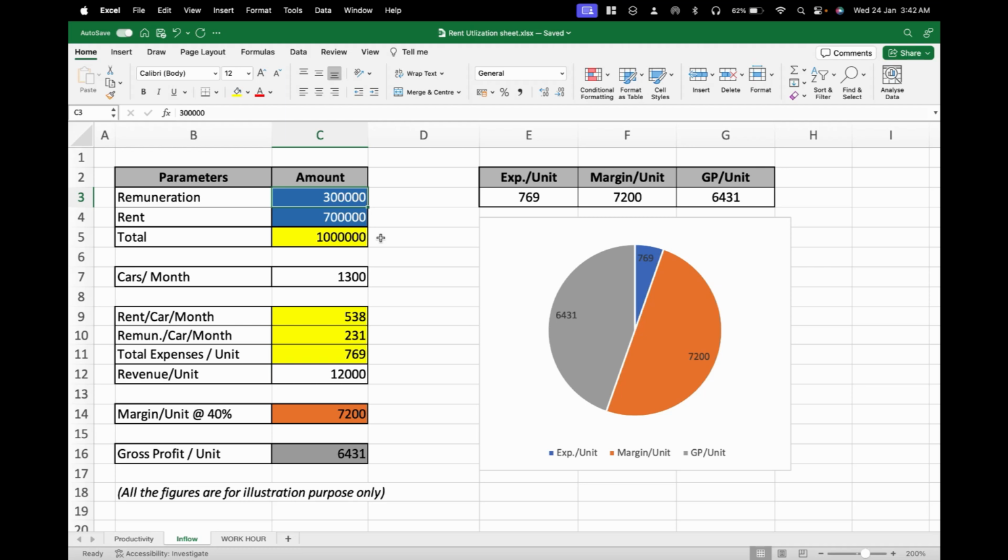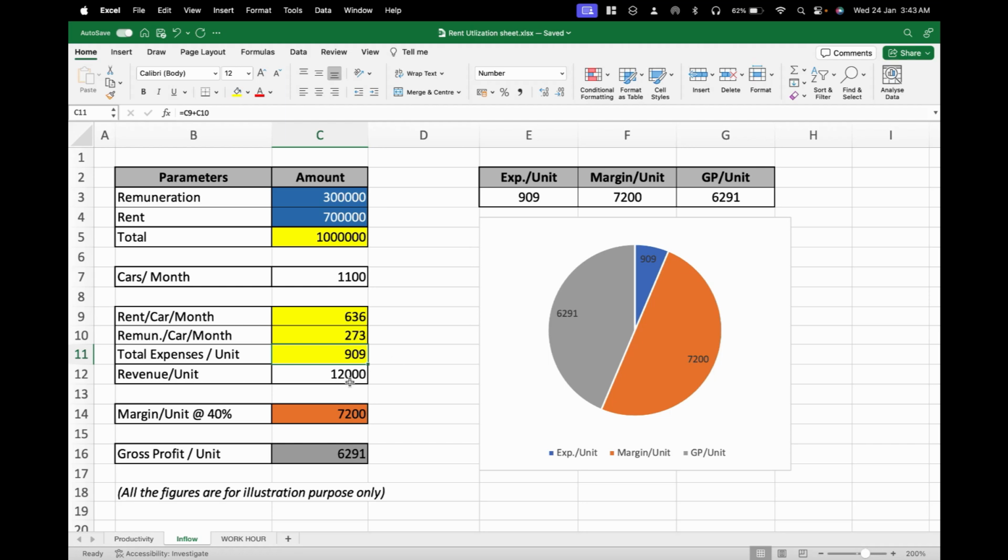Here we are not considering other expenses, as remuneration and rent are the highest share in expenses. If you take 1000 or 1100 cars per month, then you are spending almost 909 rupees per car just for remuneration and rent.